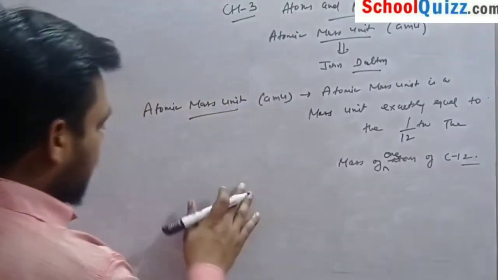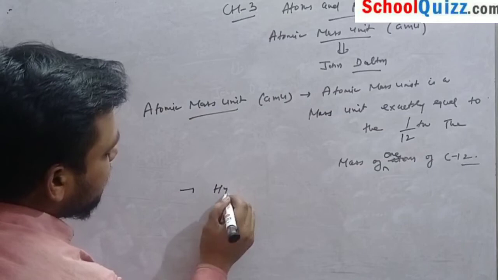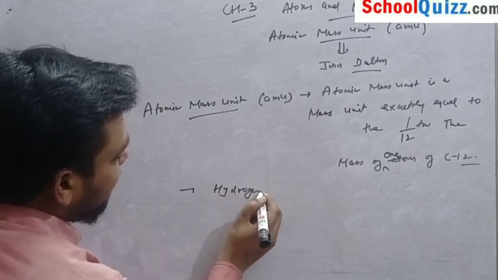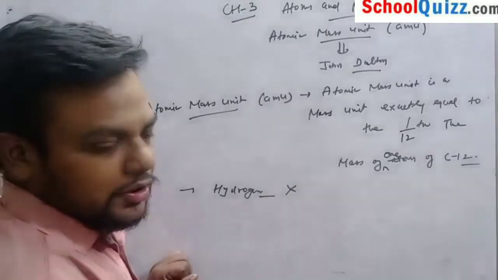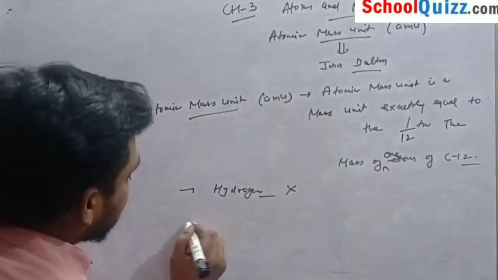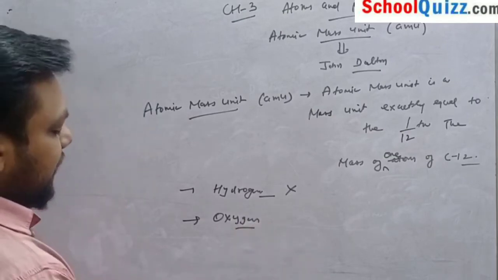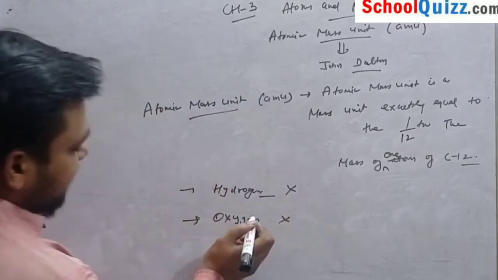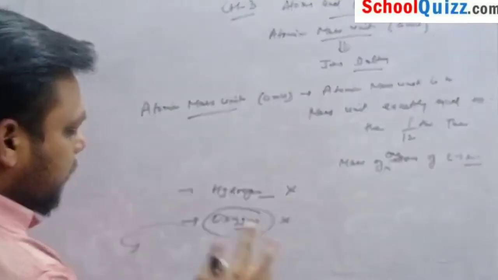So before choosing carbon, two elements were taken. First one was hydrogen, which was changed by choosing oxygen. So firstly, the question arises, why was oxygen chosen as the reference point before carbon? Two points were there.